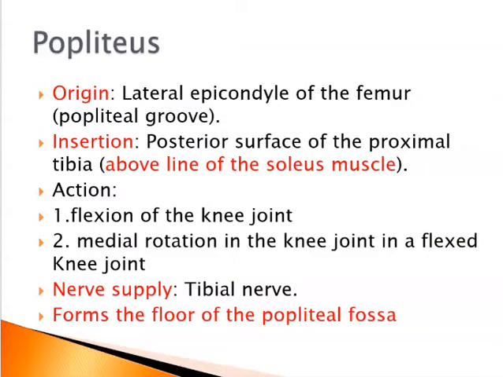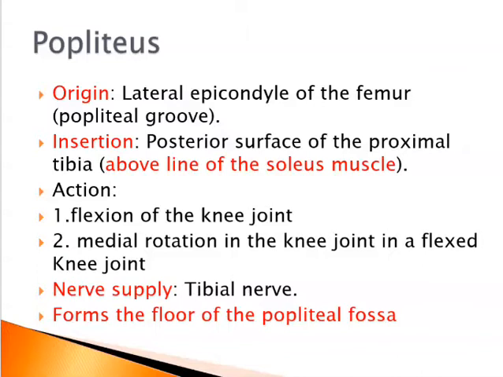Popliteus. This is an important muscle. This muscle is also called unlocking muscle of the knee joint. Origin is popliteal groove present over lateral epicondyle of the femur. Insertion is into posterior surface of tibia, that is upper tibia, above the soleus muscle.